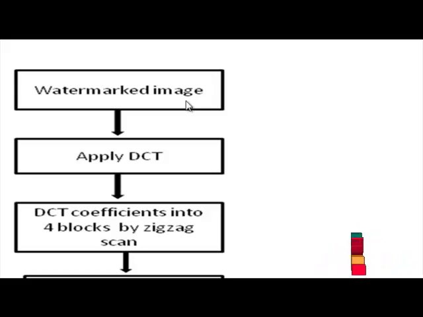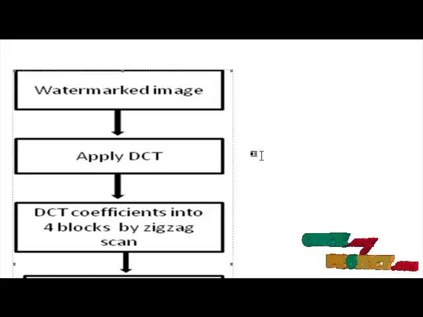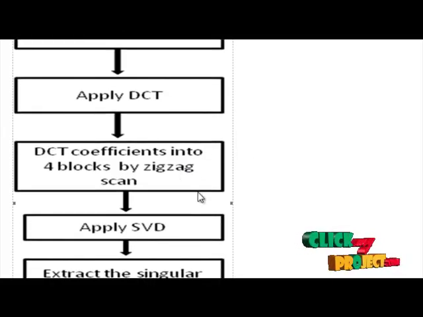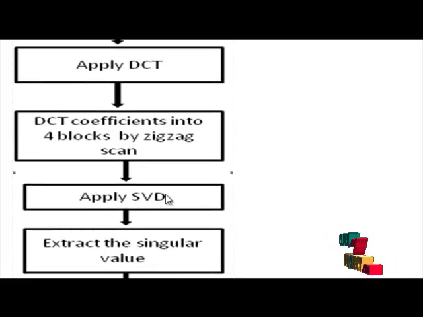In the first step of the extraction process, we apply DCT to the watermarked image. Second, we scan the DCT coefficients into four areas in a zigzag manner, and we perform the SVD operation for each area obtained from the zigzag manner.